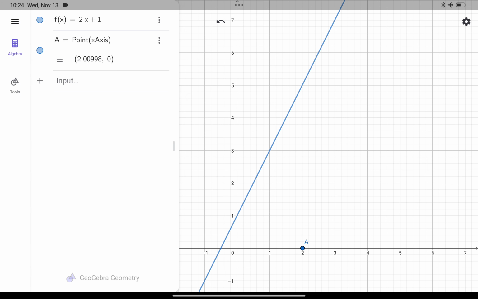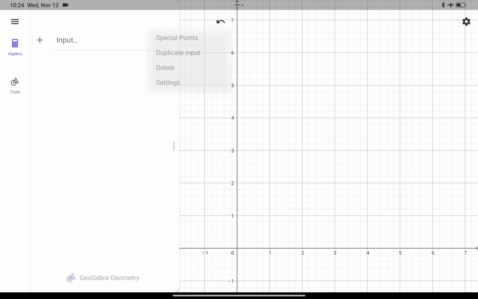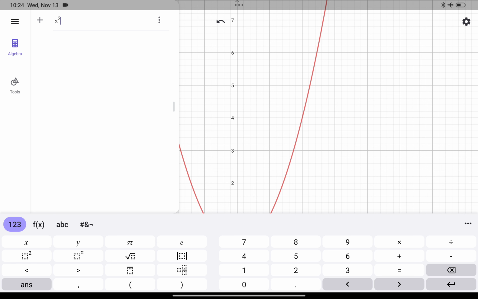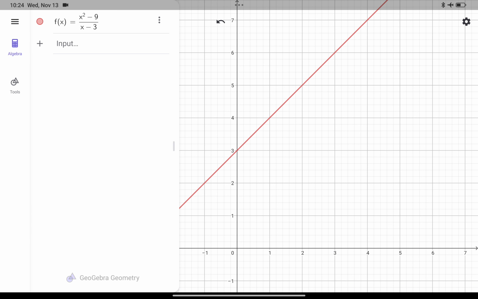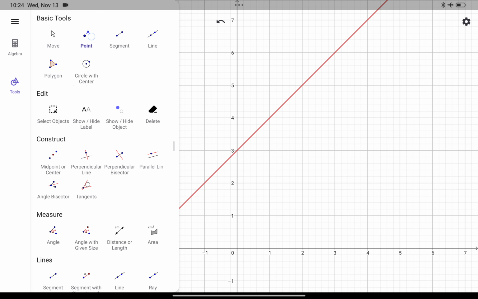Let's say we have another function, x squared minus 9, divided by x minus 3. Now we want to approach the value 3.